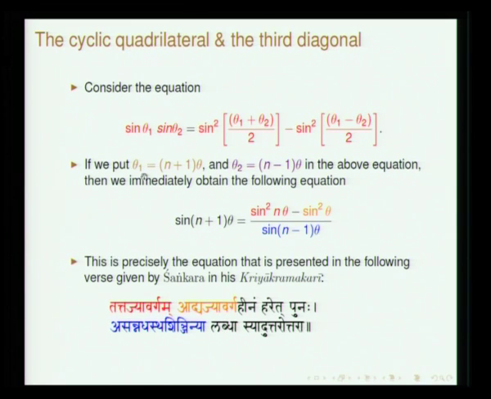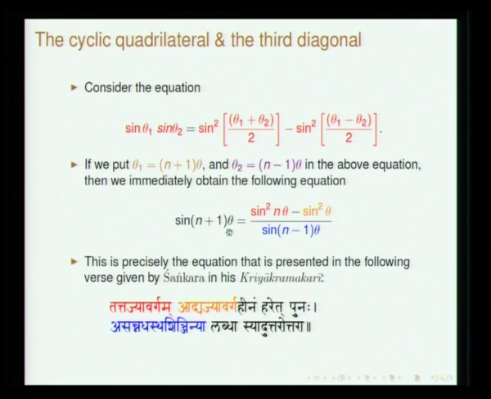So, if we put theta 1 is n plus 1 into theta and theta 2 is equal to n minus 1 into theta in the above equation, then it readily simplifies into this form. So, sine of n plus 1 into theta.